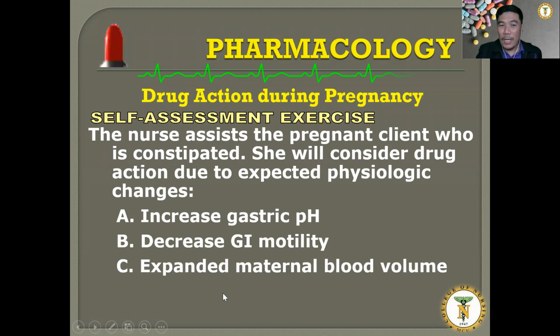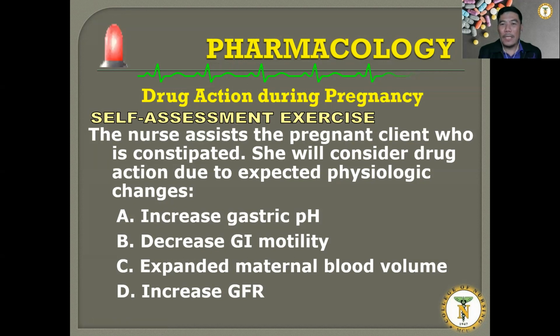Letter C, expanded maternal blood volume? Or letter D, increased glomerular filtration rate? Which of the following physiologic changes during pregnancy may affect drug action, considering that the pregnant client is constipated? What is the reason for this expected physiologic change?